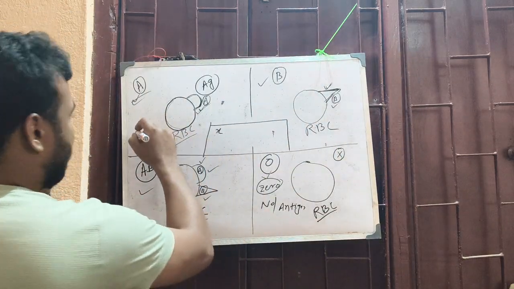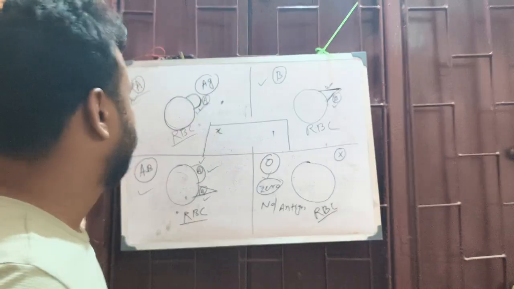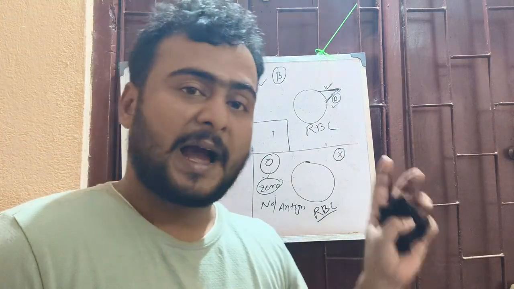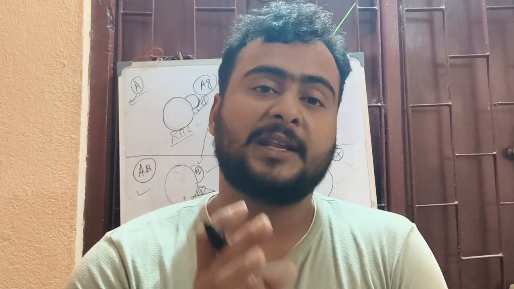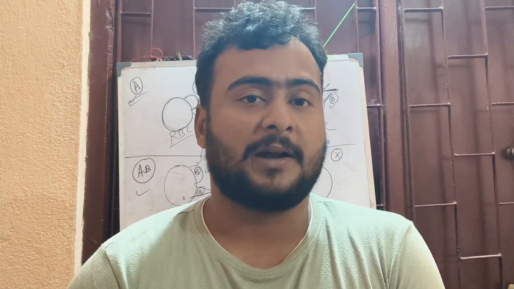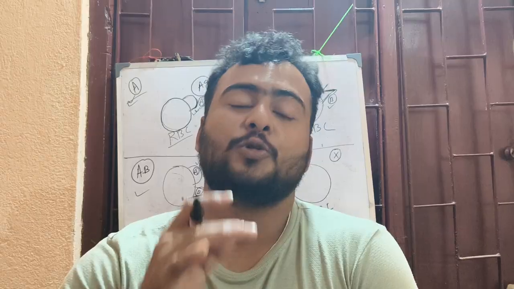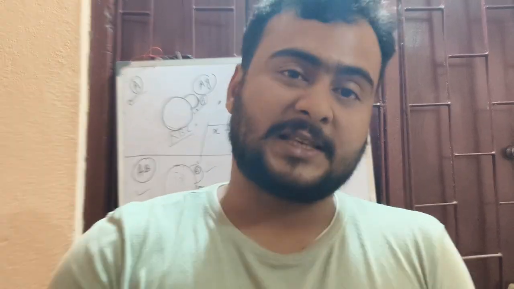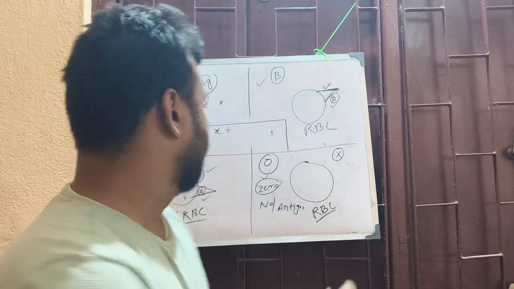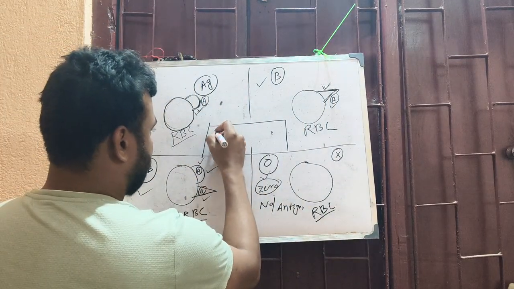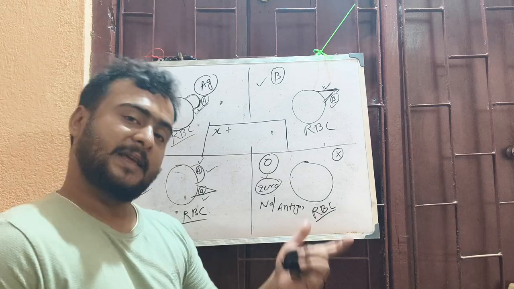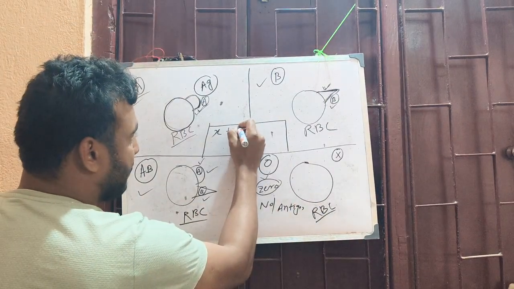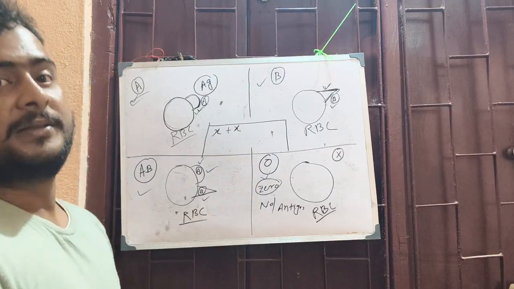And in the immunology theory, we have one concept: a similar kind of antigen and antibody cannot be there in our blood. As I said earlier, the antibody is brought by the plasma, right? So suppose X is the antigen, and a similar kind of antibody is present in the plasma. What will occur?